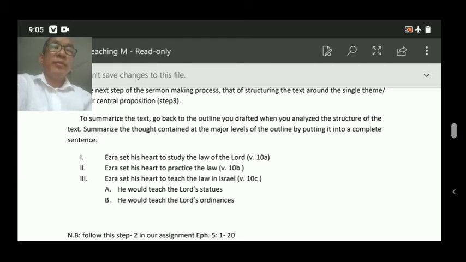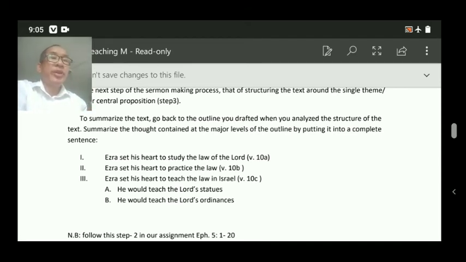So this we have to divide into minor sections. Section 1: he would teach the Lord's statutes. Number 2: he would teach the Lord's ordinances. We call it a sub point. That is how you divide or structure your points.